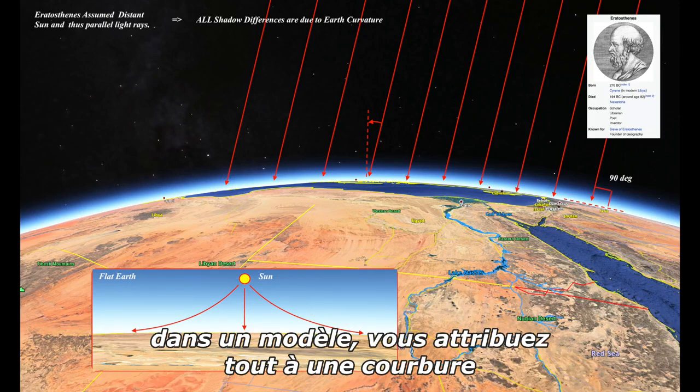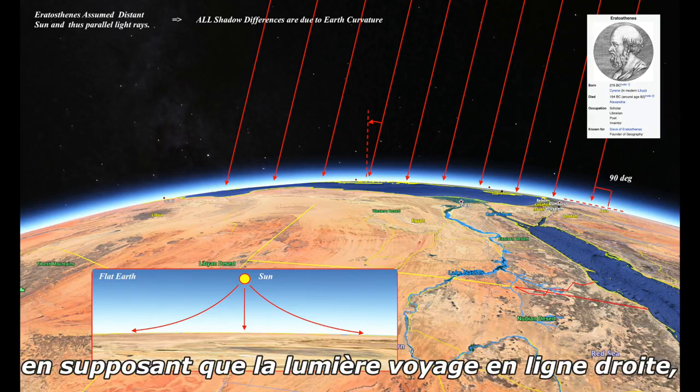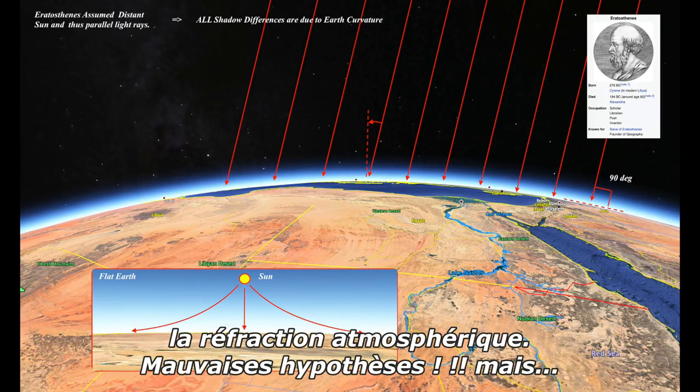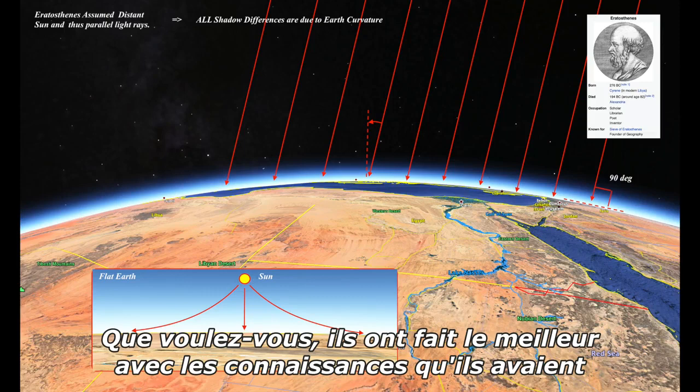In one model, you're assigning everything to curvature, assuming light travels in a straight line, being ignorant of curved space-time as Einstein has shown, and the effects of the atmosphere. Bad assumptions, but what do you expect? They did the best with the knowledge they had.